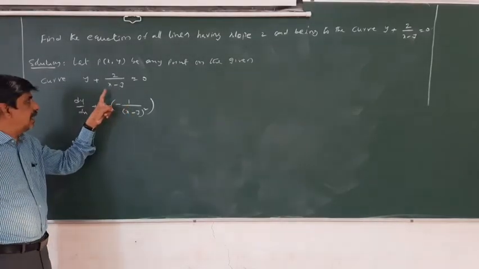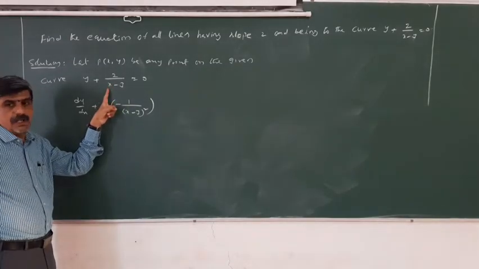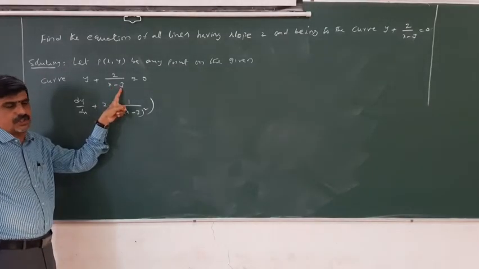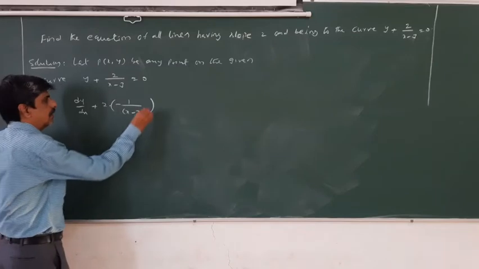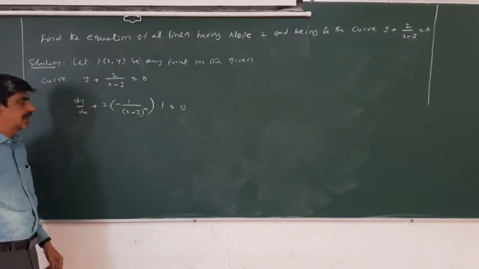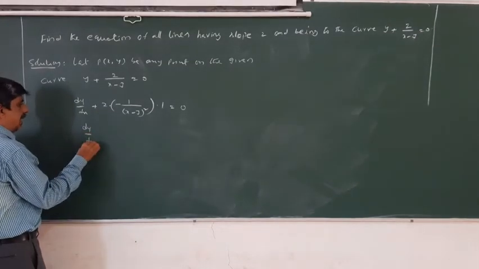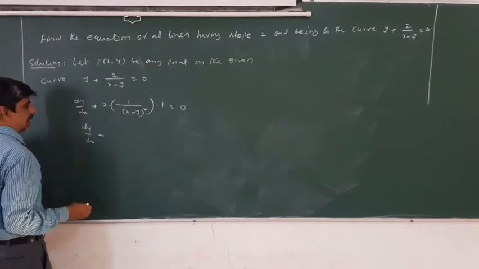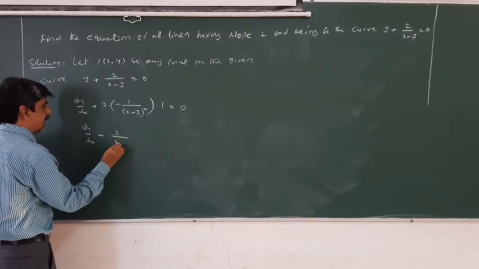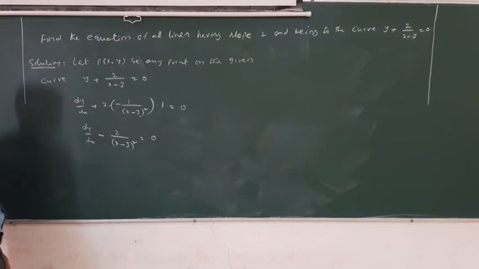Then d by dx of x minus 3: d by dx of x is 1, minus d by dx of 3 is 0, so 1 minus 0 is 1. Is equal to d by dx of 0, which is 0. So dy by dx, plus into minus is minus 2 by x minus 3 whole square is equal to 0.